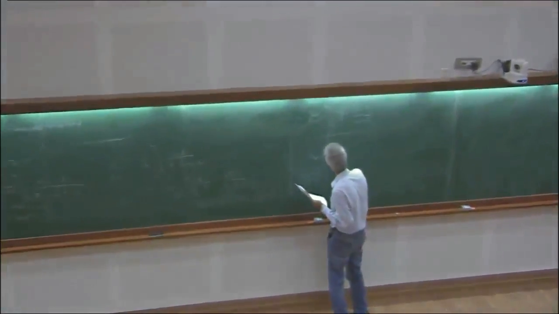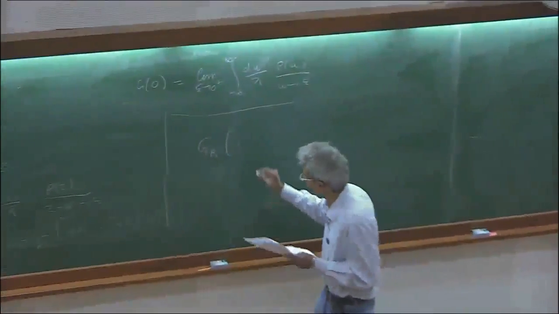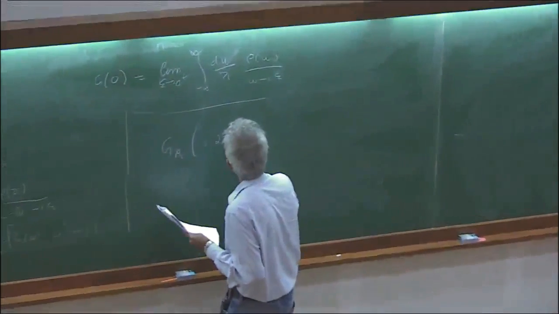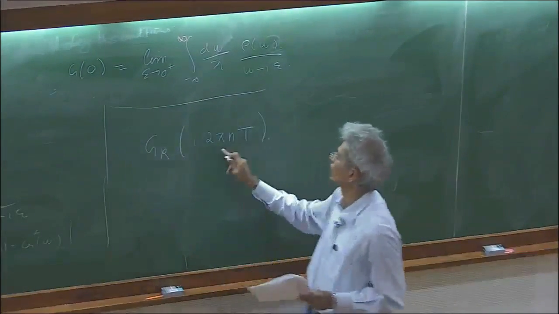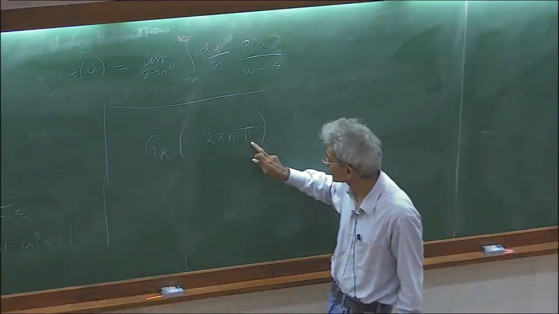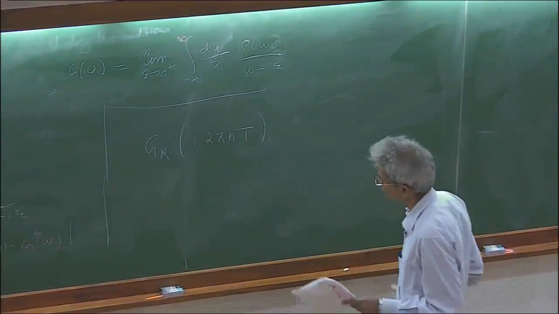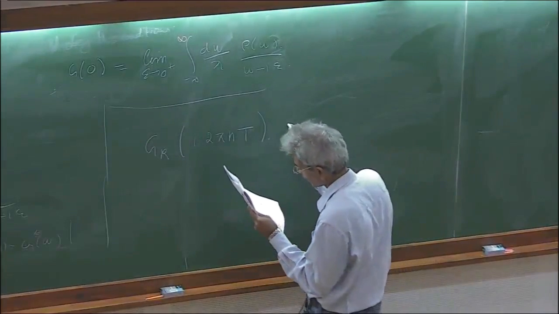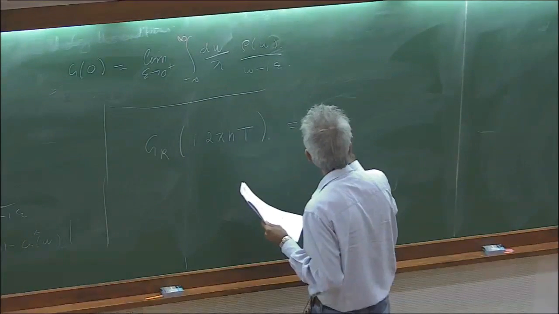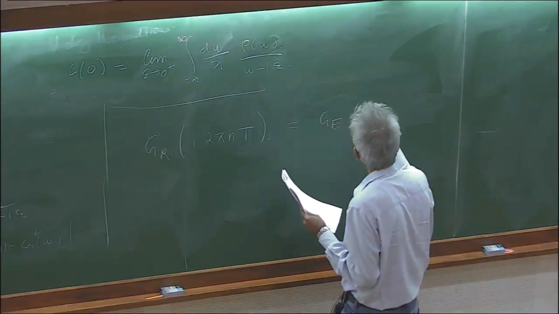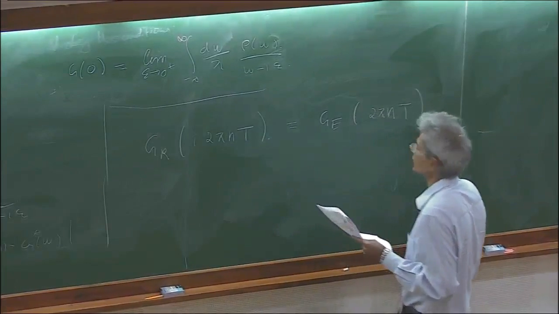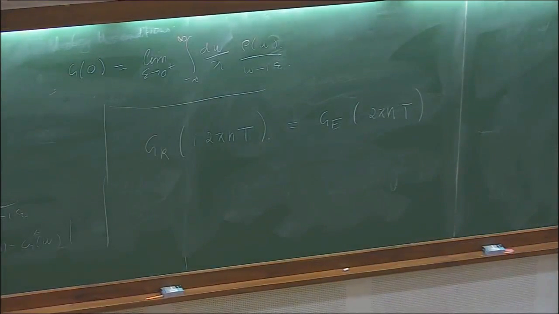So if you evaluate the retarded correlator at this particular imaginary temperature, it is the same as the Euclidean correlator at the Matsubara frequency squared. So we will use this relation.